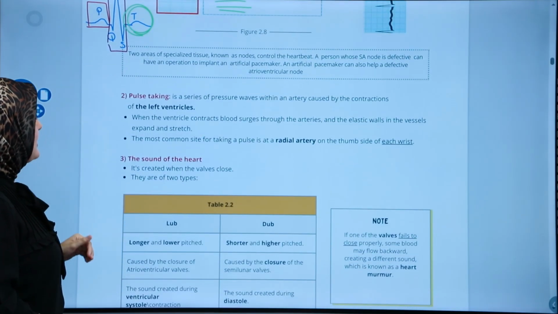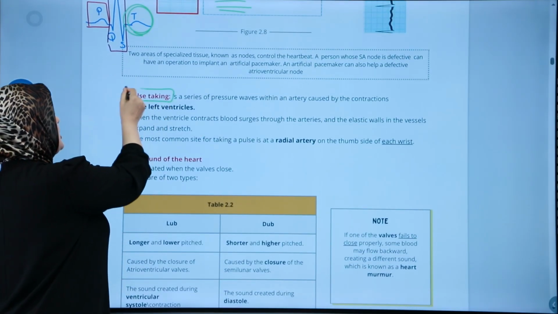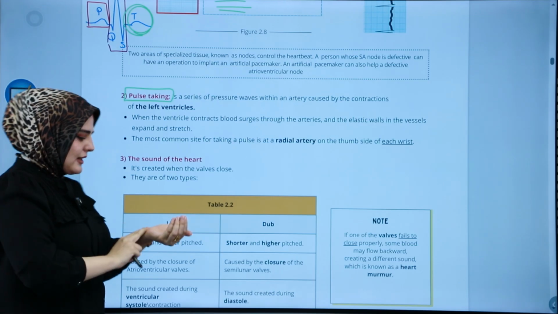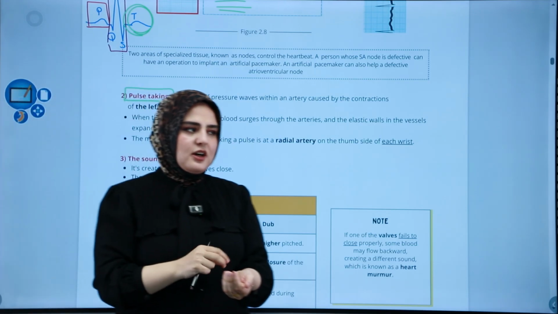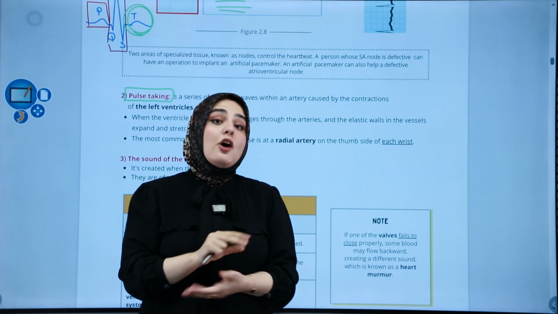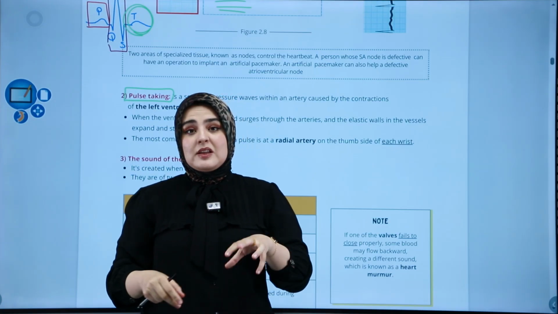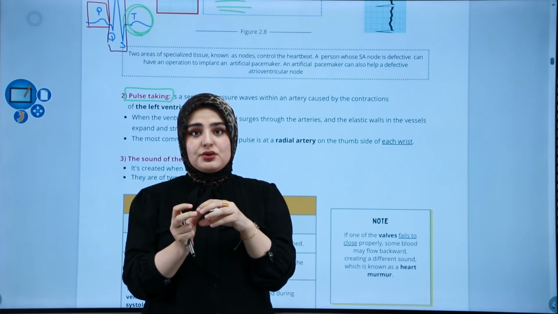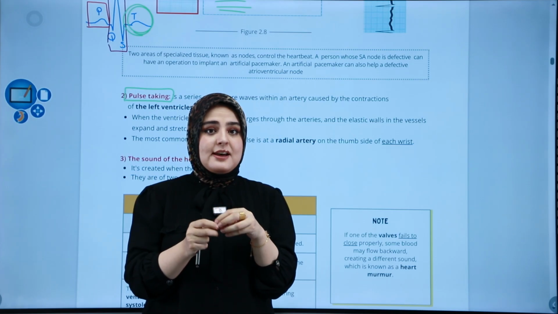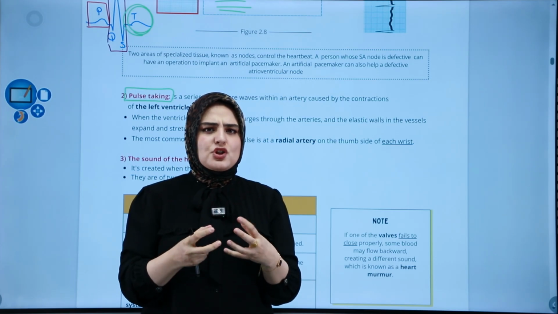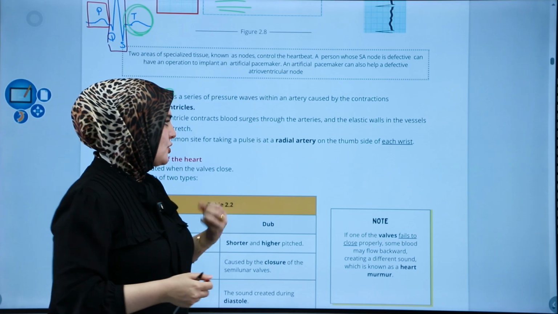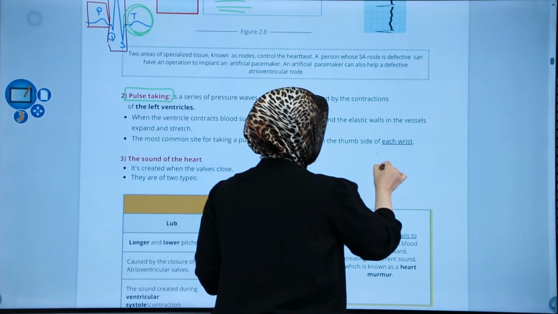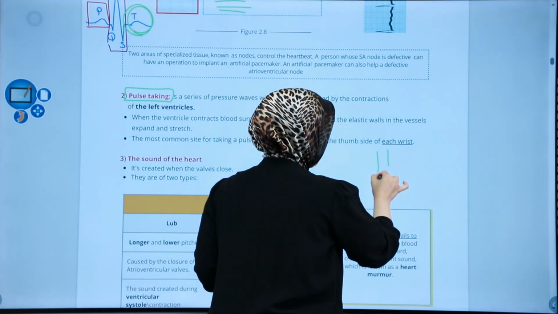Now, pulse taking. In pulse taking, you measure the heartbeat from the arteries. When the arteries are connected to the heart, especially the aorta, there is a high amount of pressure on the walls. You can clearly sense that pressure under your wrist.